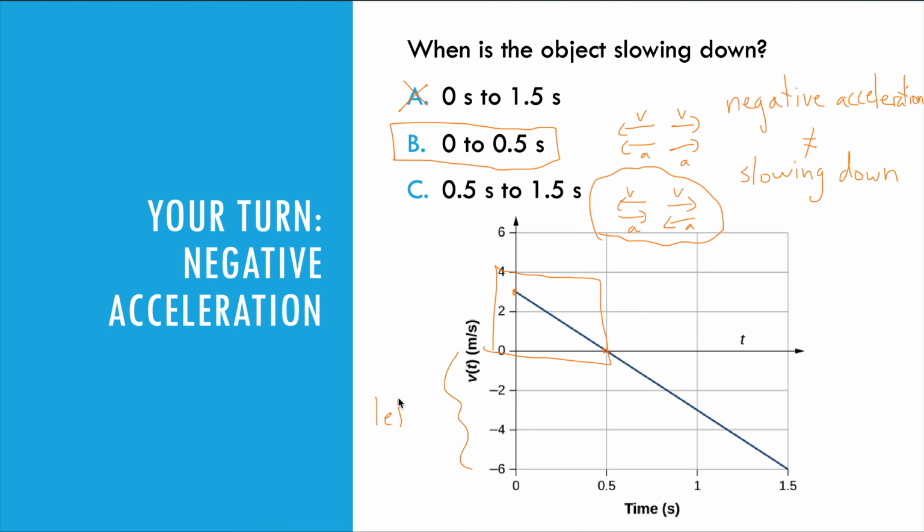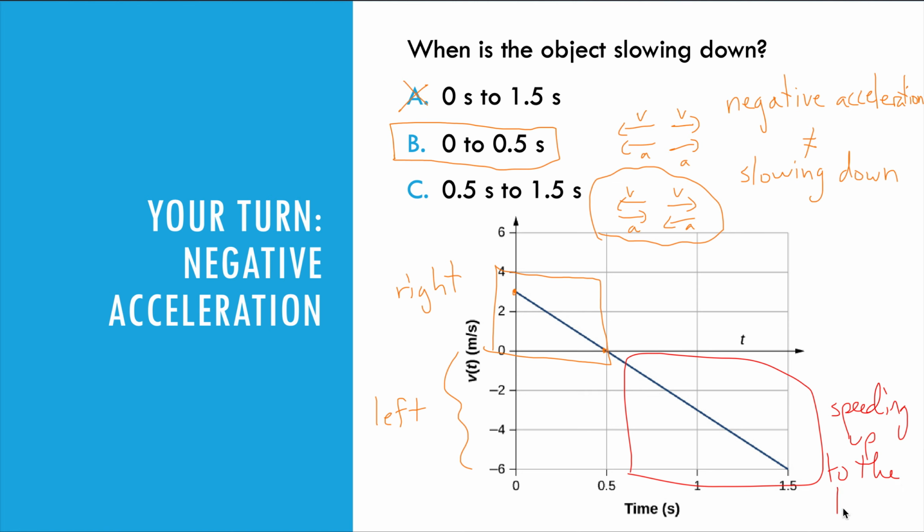That just means moving to the left, right? This means moving to the right. So for this part of the graph down here, what's actually happening is that you are speeding up to the left because you have a negative velocity and a negative acceleration.